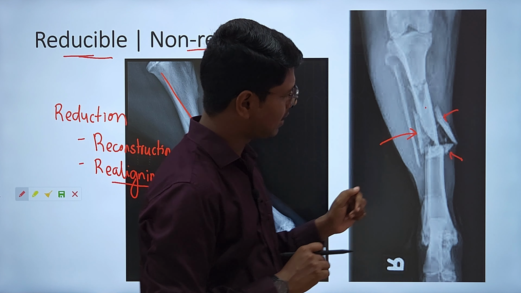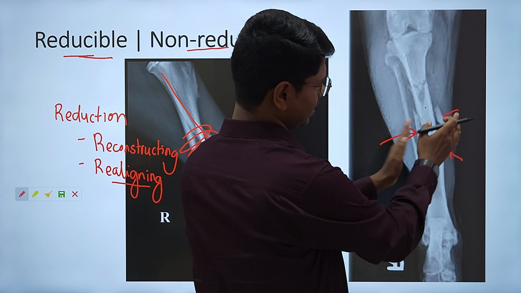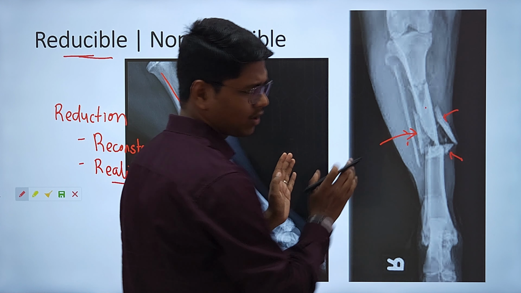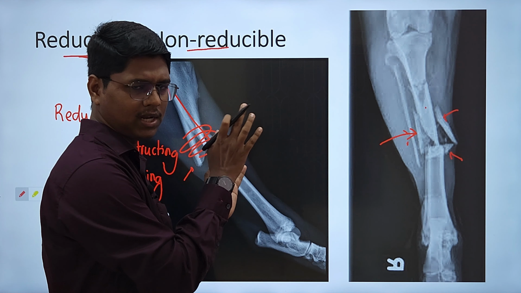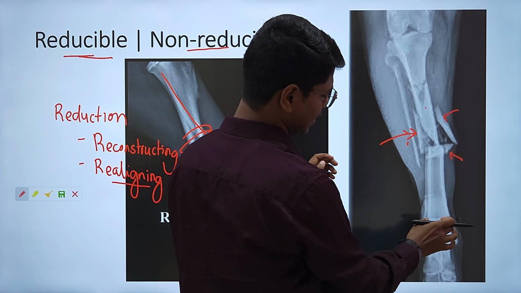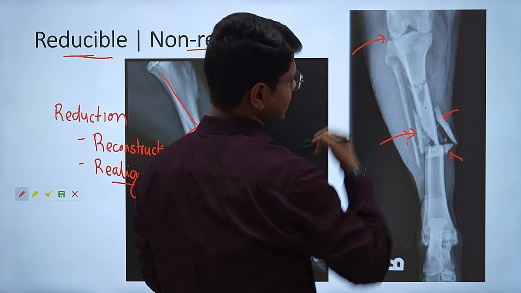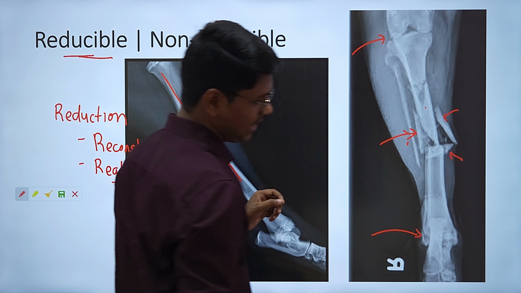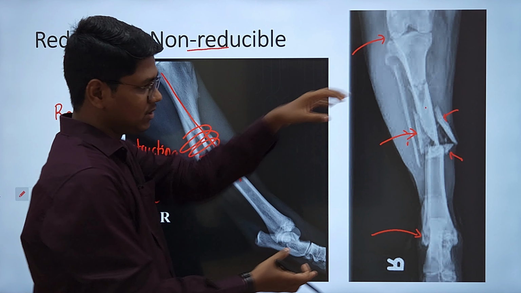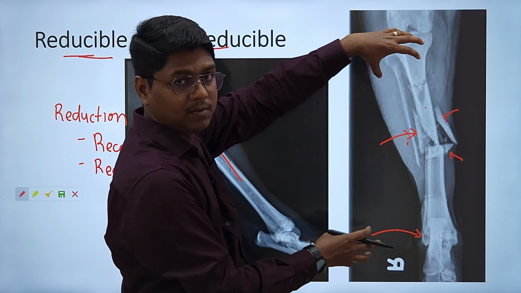So in that technique, what will you do? You will simply open this fracture and not touch these fragments, because you cannot reduce this fracture. You are more concerned that this particular length of bone should be preserved. This is the stifle joint and this is the hock joint, and they should be preserved, so the normal limb length can be preserved.